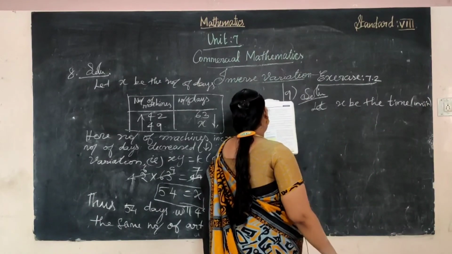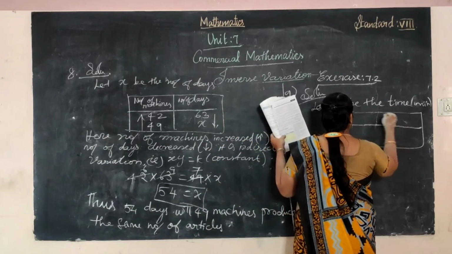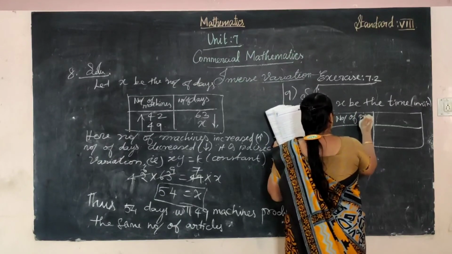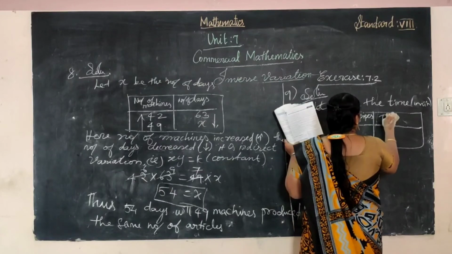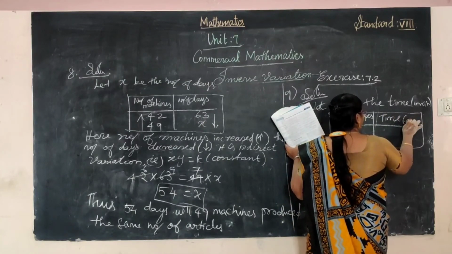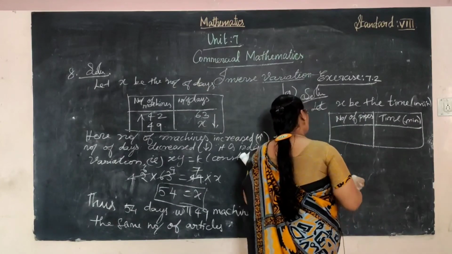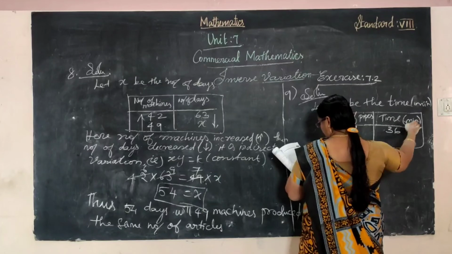A tank can be filled, number of pipes, and time in minutes. So number of pipes, first one 7 pipes, 36 minutes.